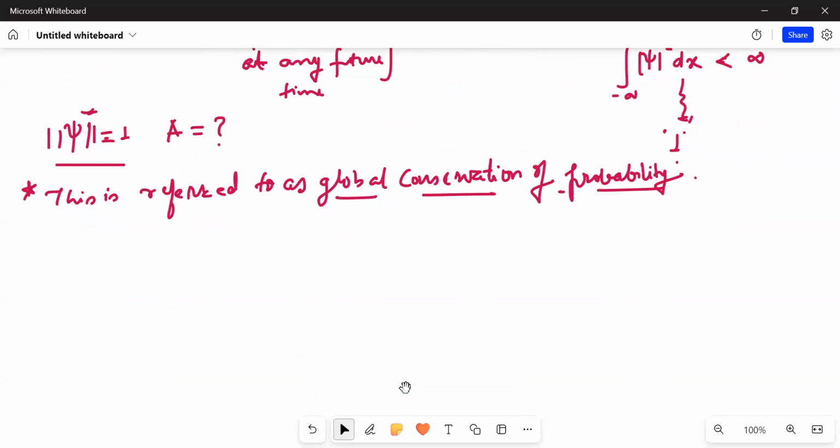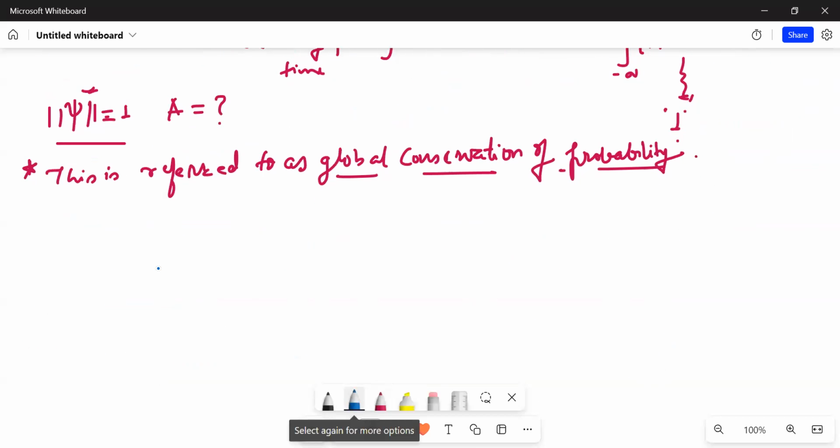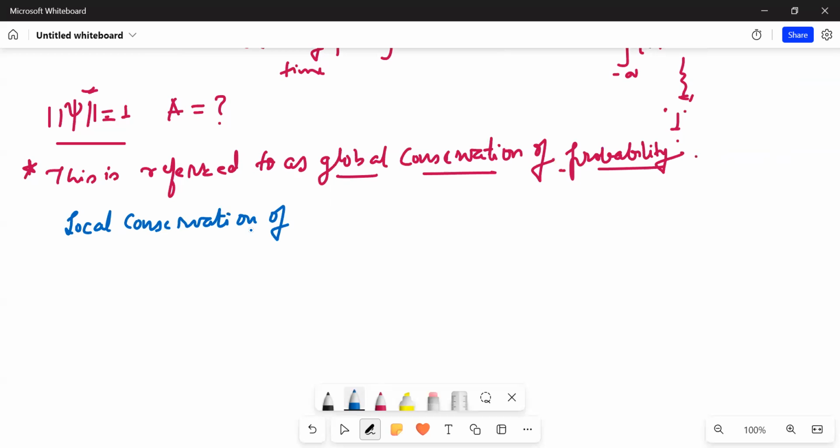Now, there happens to be a local conservation of probability, just like fluid. Local conservation of probability almost follows the same trend as that of fluid.